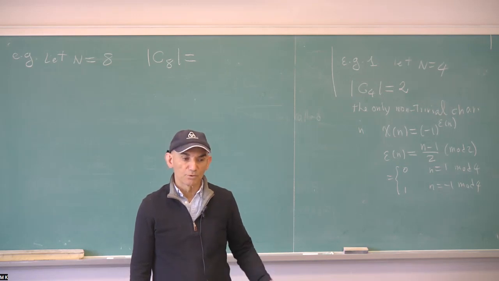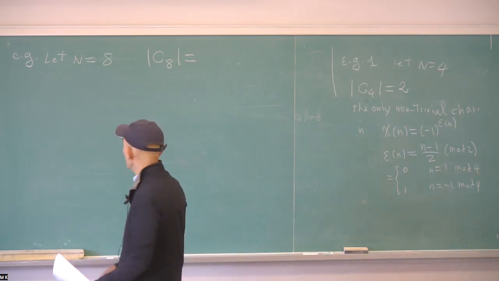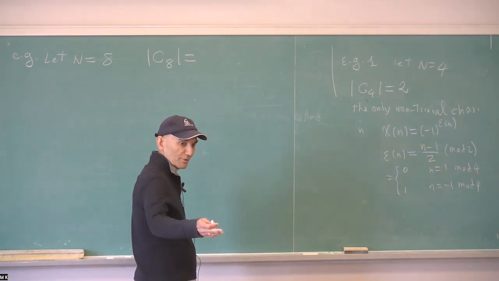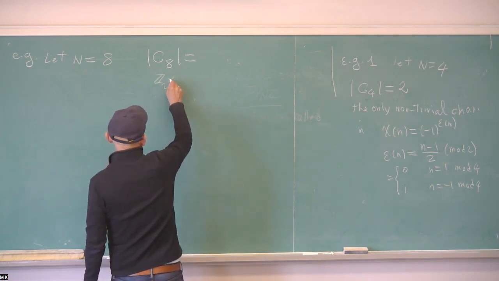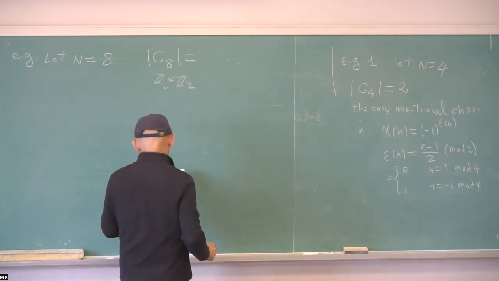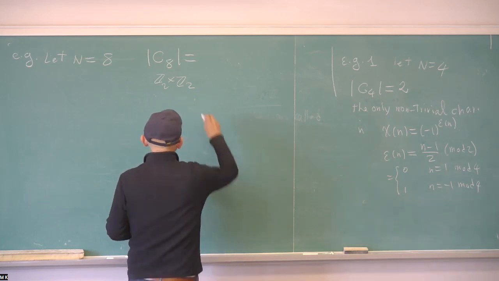Every element has order 2, so it means that it's Z2 cross Z2. That's Klein 4. So G8 is Z2 cross Z2. I don't need it, but I just did that. The order is 4.